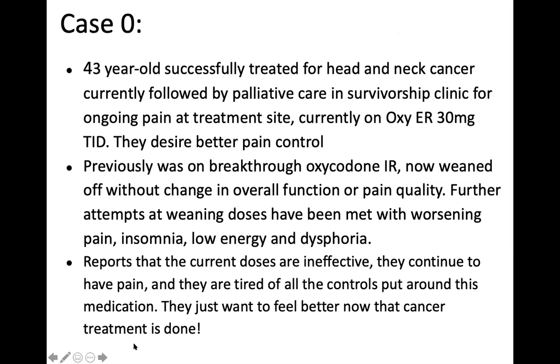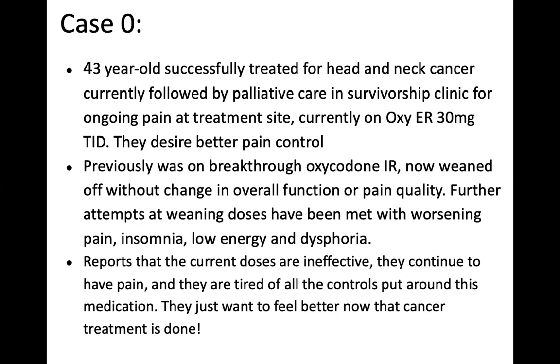First case is a 43-year-old patient who's been successfully treated for head and neck cancer, and is followed by palliative care in the survivorship clinic at their hospital. They have ongoing pain at their treatment site and are currently receiving long-acting OxyContin 30 milligrams 3 times a day, and really want better pain control.